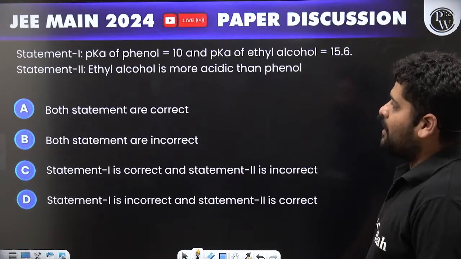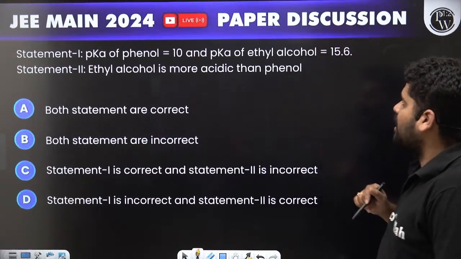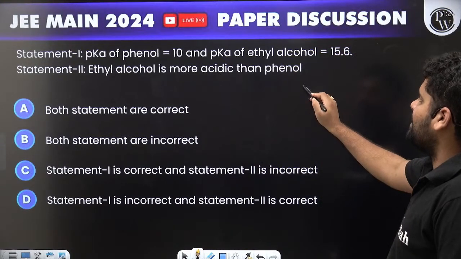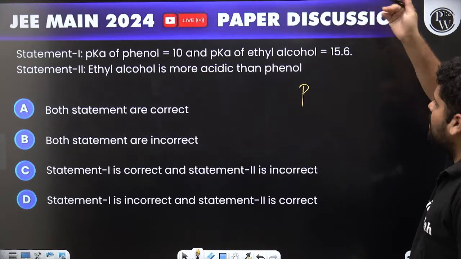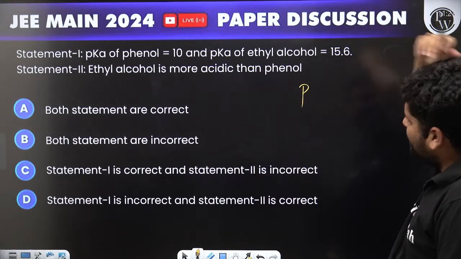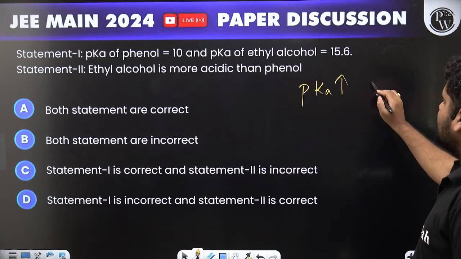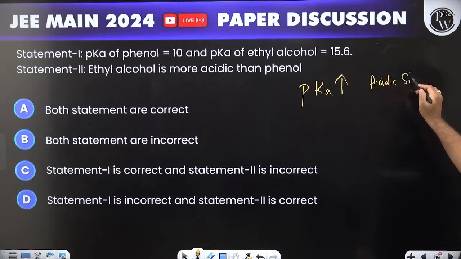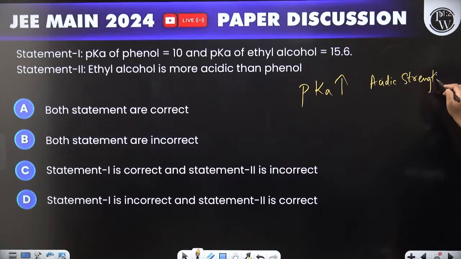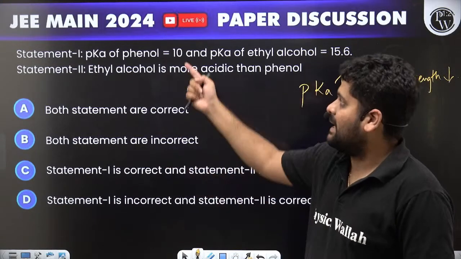Okay. Now, pKa of phenol is 10, whereas pKa of ethyl alcohol is 15.6, right? The values might be a bit different. Ethyl alcohol, it should be 15.9 or something. Anyways, see, if pKa is more, then acidic strength is less. Obviously, phenol is more acidic, so its pKa is less.